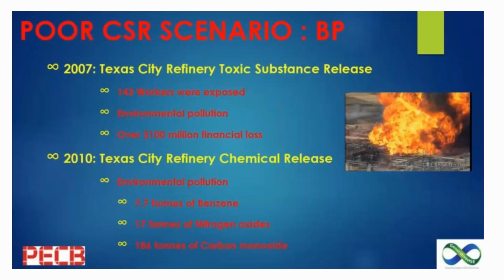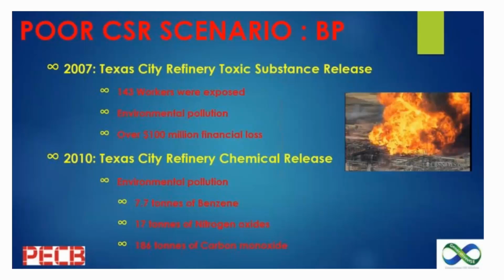As we know, 17 tons of that was released into the environment. Carbon monoxide, which is just a product of incomplete combustion, in this case of a fossil fuel, there were 186 tons of carbon monoxide released.